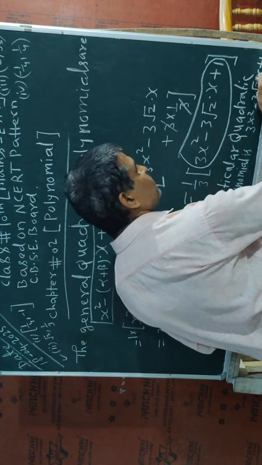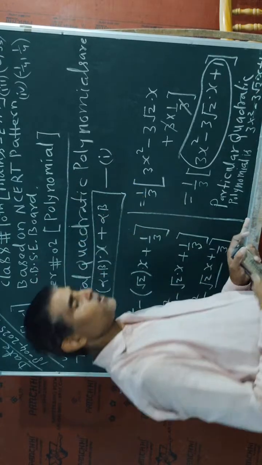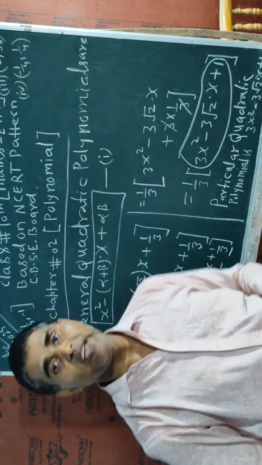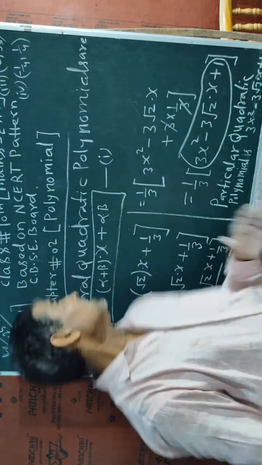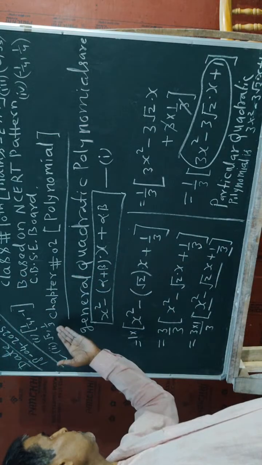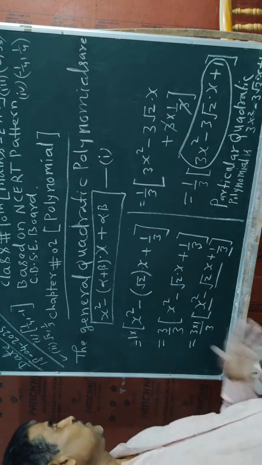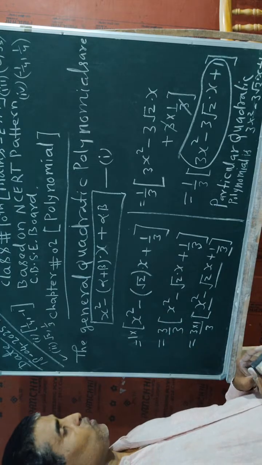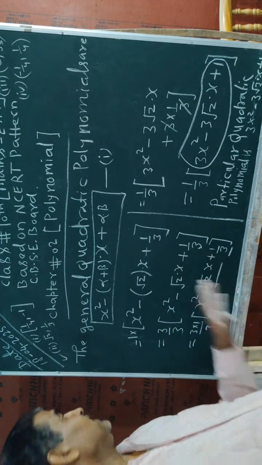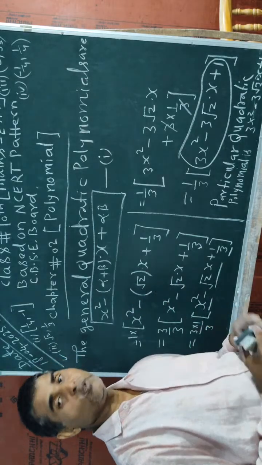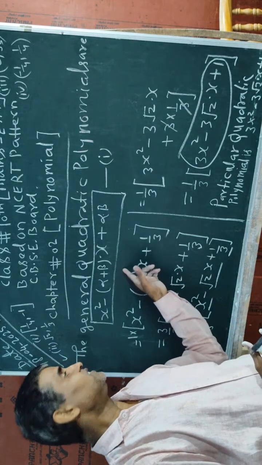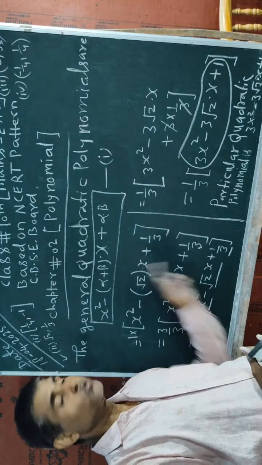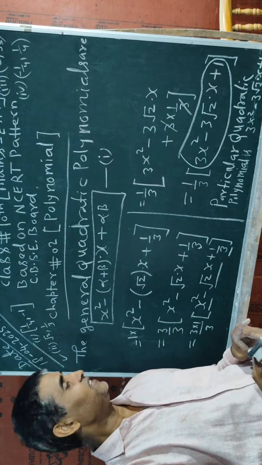Okay student, you have to remember only the concept of how we are going to find it, because the value of the sum of the roots and the product of the roots will change, so you will get another question. Okay student, you have to learn only the concept here. If you know the concept of each and every topic, your subject will be very easy.